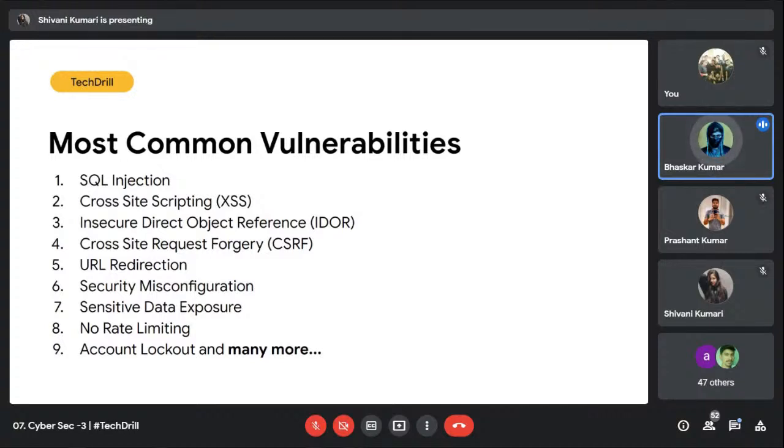Understandable? And in CSRF, the victim's website is not being attacked, but some other website will be attacking the main host. Okay, so again, I'll be explaining it a bit more, and I'll be demonstrating a few attacks as well.